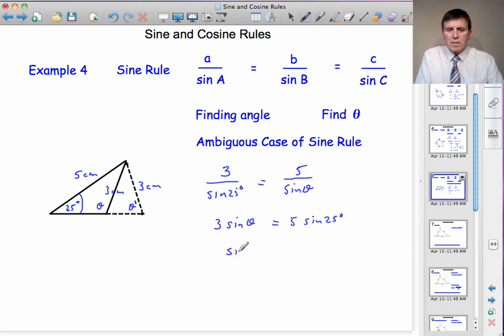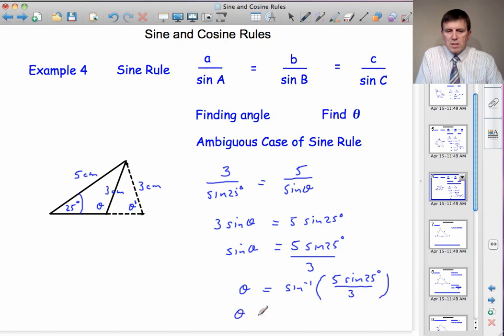So sine theta is equal to 5 sine 25 degrees divided by 3. So theta is equal to sine to the minus 1 of the expression on the right, 5 sine 25 degrees divided by 3.